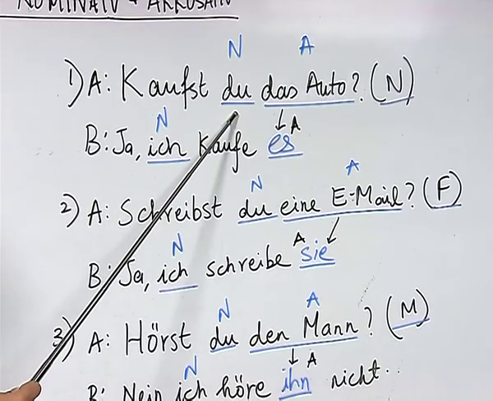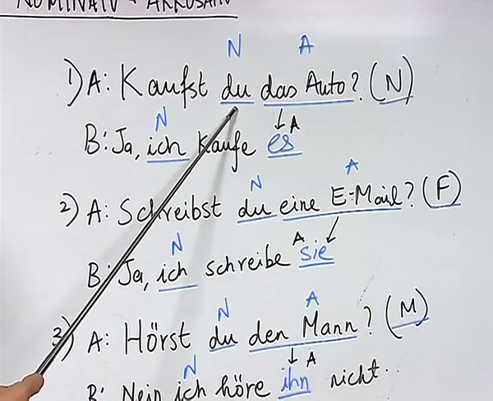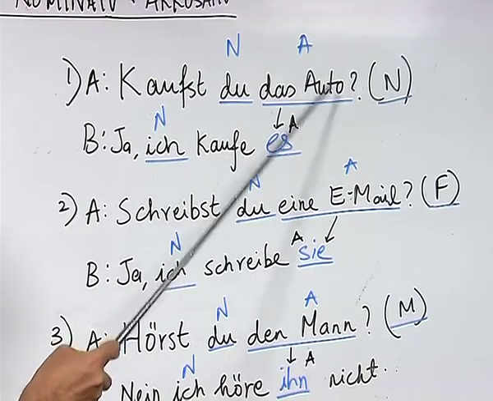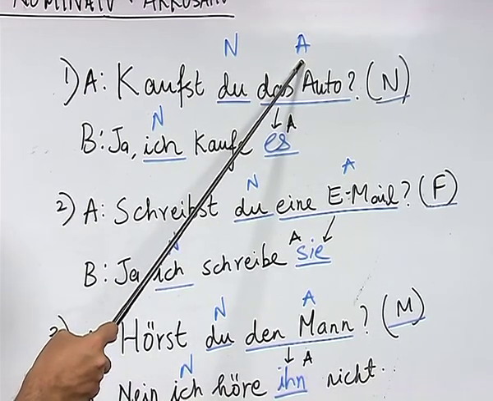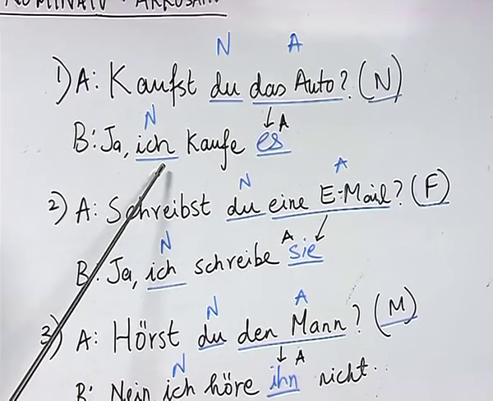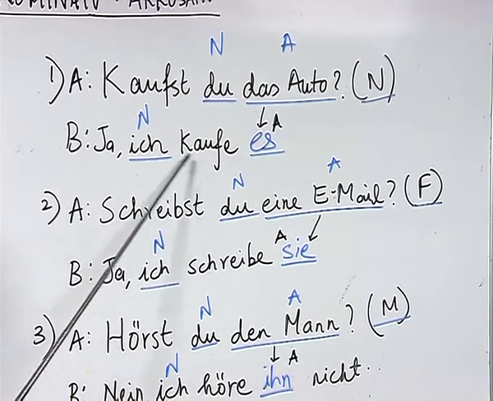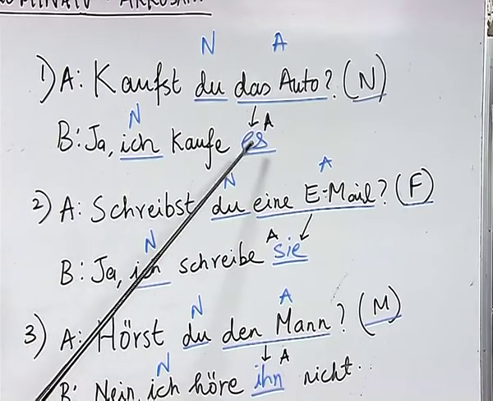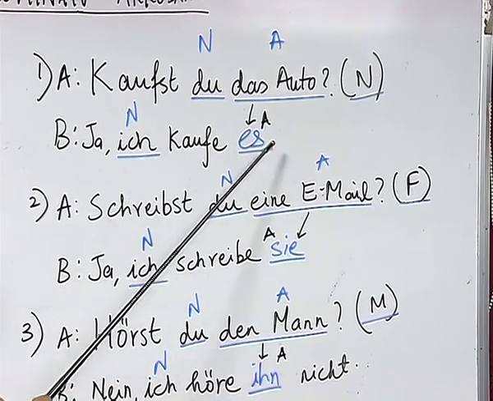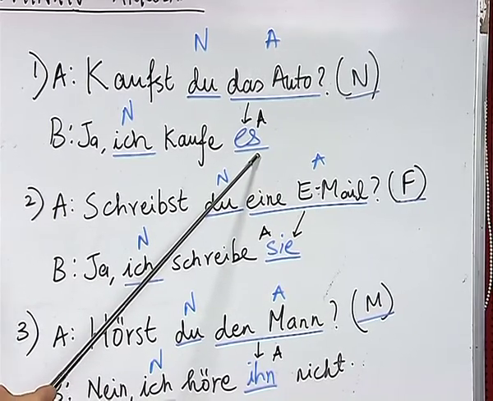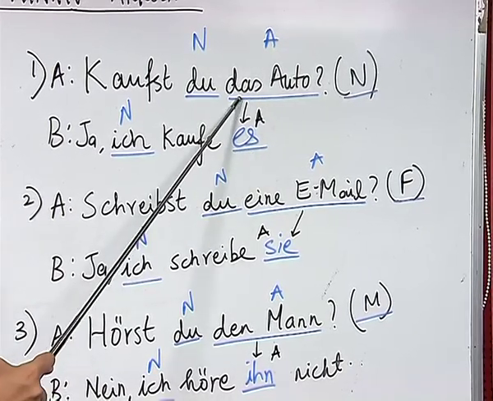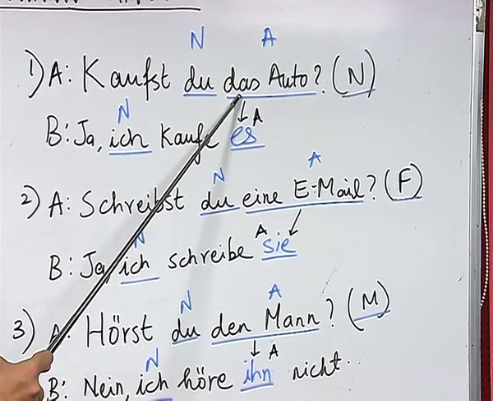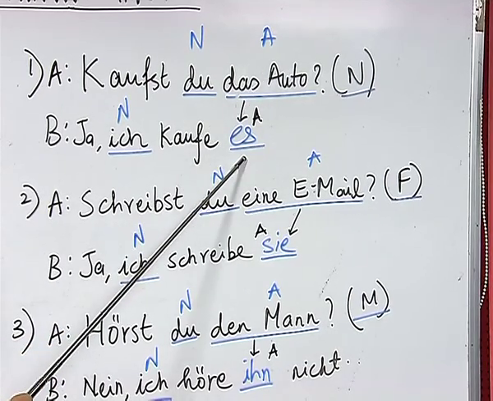Here we have du, which is the pronoun in nominative, das Auto, which is in accusative, and as you can see the answer is ich kaufe es. Here we have the pronoun ich, which is in nominative, and we have the pronoun es, which is in accusative, which is replacing the noun das Auto in accusative.